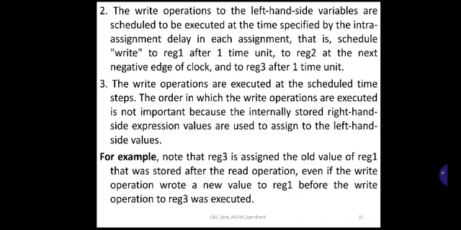That's why that value will be assigned to reg3, even if the original reg1 value is changed in the new assignment. So that does not matter. Therefore, the final values of reg1, reg2 and reg3 are not dependent on the order in which the assignments are processed.